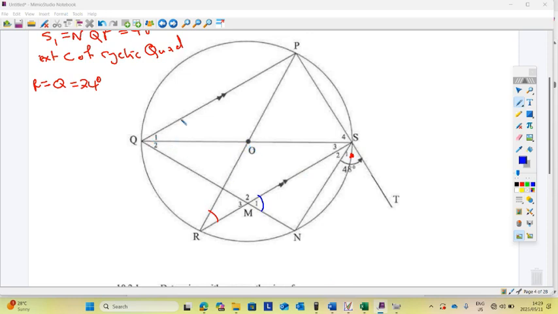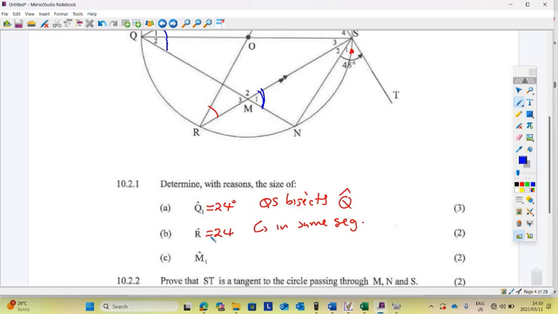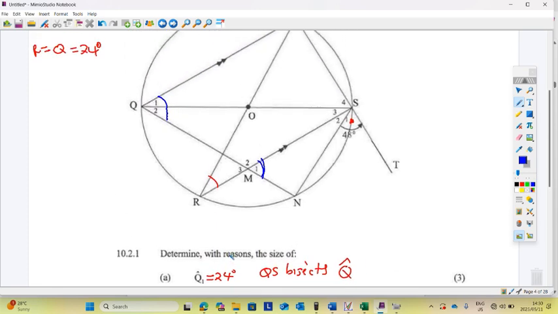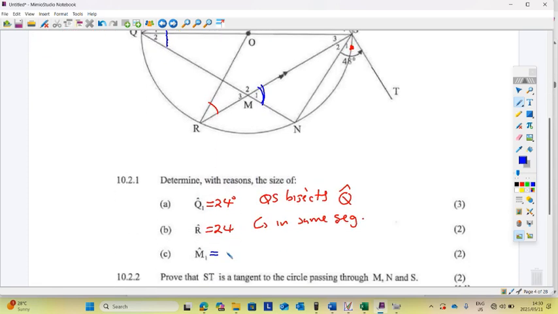we have parallel lines. This line is parallel to this line. And then we have QN as a transversal, right? So because we have parallel lines, then these two angles here, they are supposed to be equal. So M1 is equal to 48. M1 is equal to NQP, right?